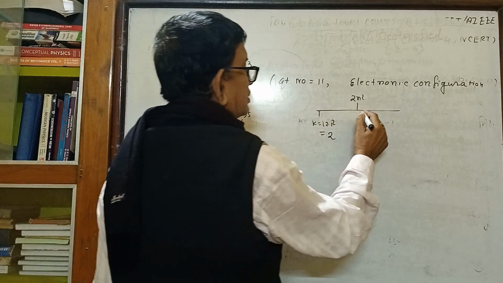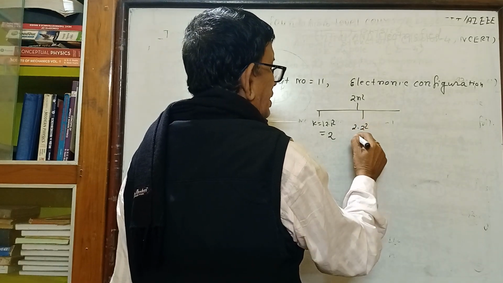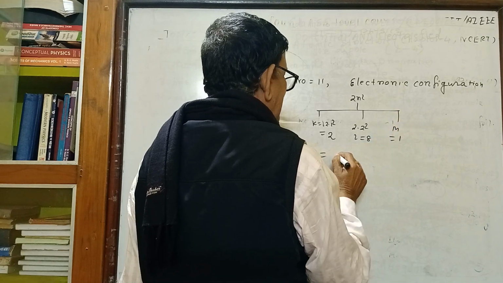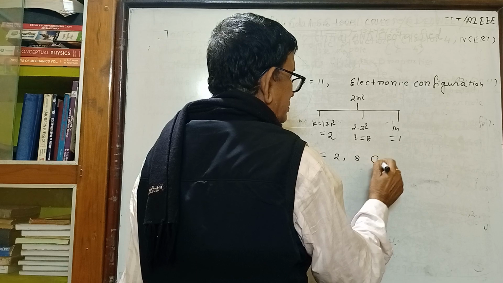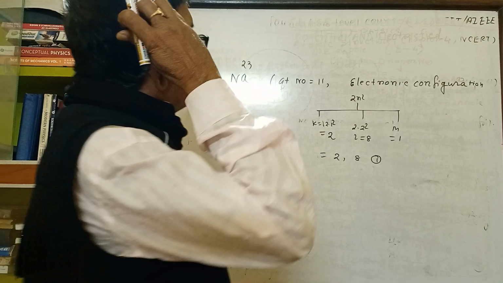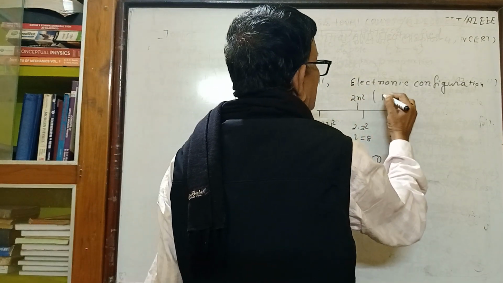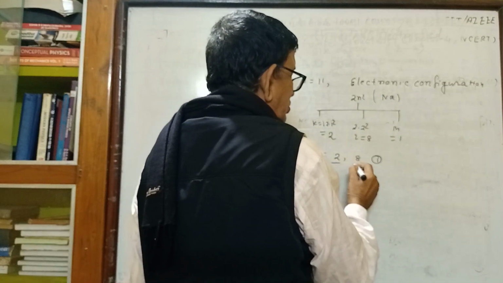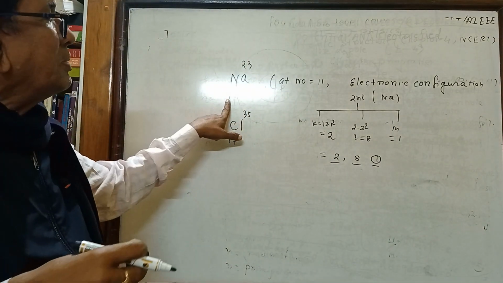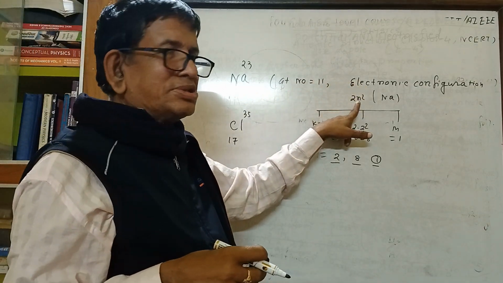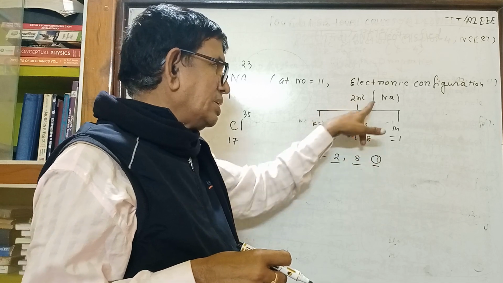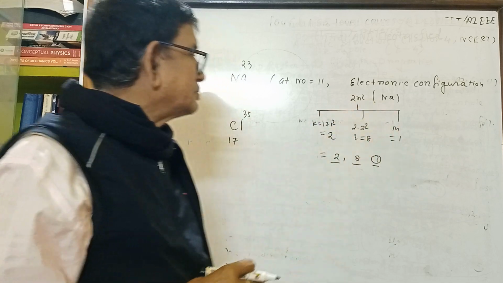Then 2 into 2 square, L equals 8. The last one, M, equals 1, so you get 2, 8, 1. Clear? So the electronic configuration of sodium is given by 2, 8, 1. Again, the atomic number is given as 11, and the electronic configuration follows the general formula 2n square. For n equal to 1, K orbit has 2, for n equal to 2, L orbit has 8, then the last one has 1.